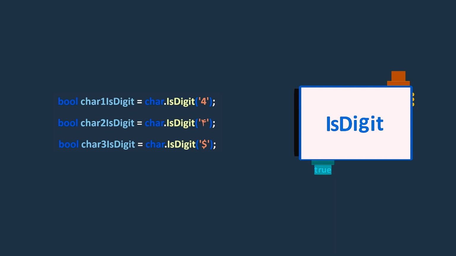Therefore, the method returns true for this example as well. Lastly, in the third example, we pass a $ sign to the isdigit method. Since the $ sign is a symbol and not a digit, this method does not recognize it as a digit and returns a false value. We hope these examples help you better understand how the isdigit method works.